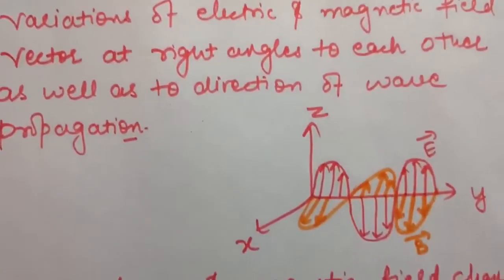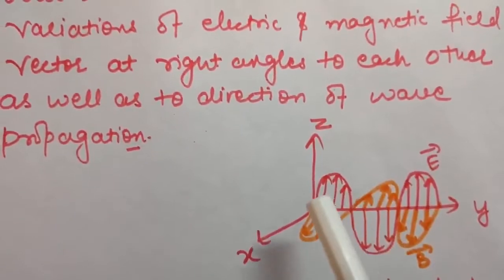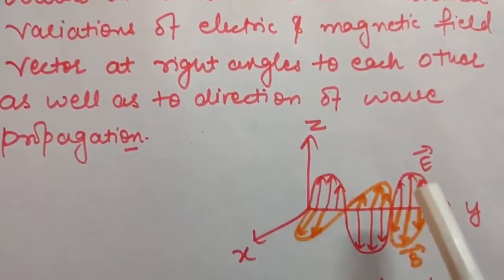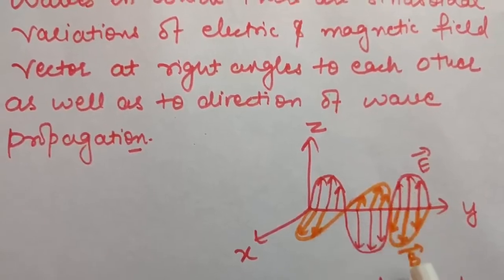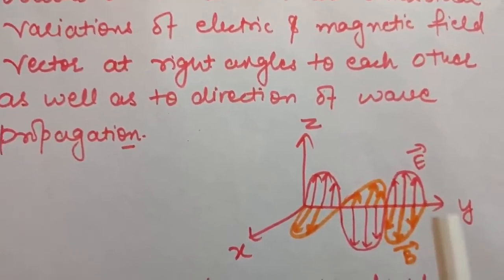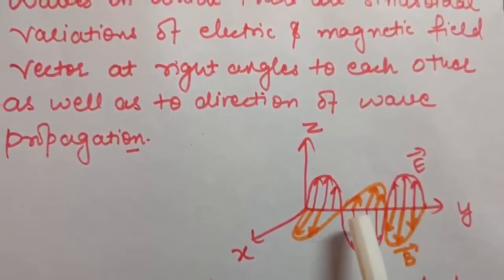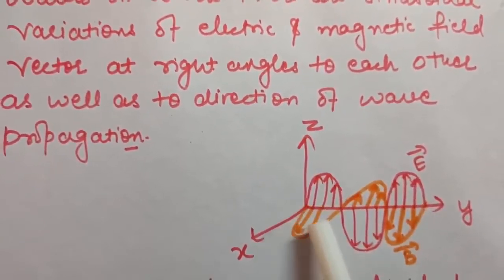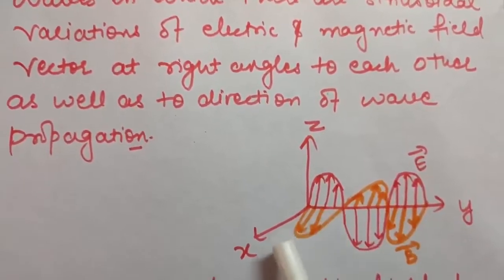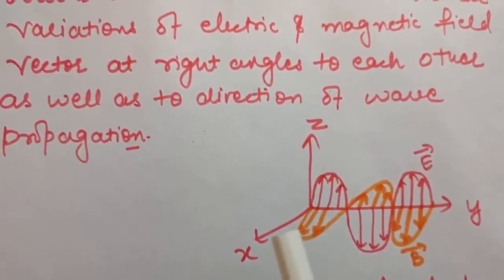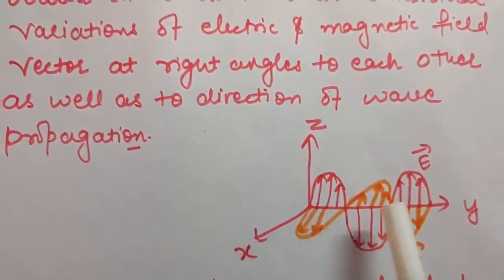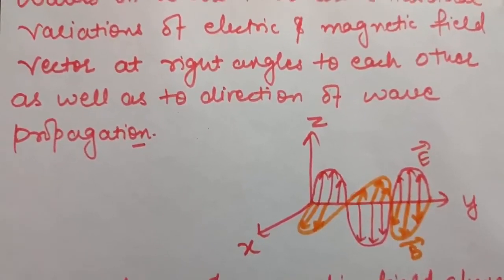For example, look at this diagram. In this one is denoting the electric field vector. This orange one is denoting magnetic field vector. Now as you can see, electric field vector is in z direction and magnetic field vector is in x direction. That is, they are perpendicular to each other. Now let us suppose that this wave is propagating in y direction, that is, it is traveling in y direction.